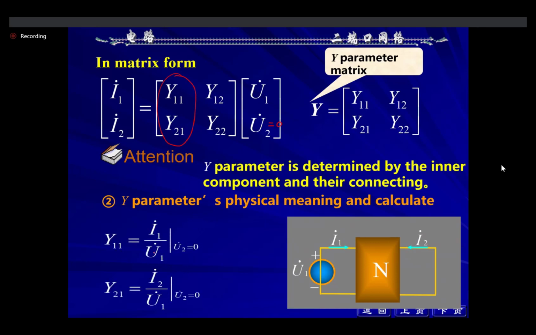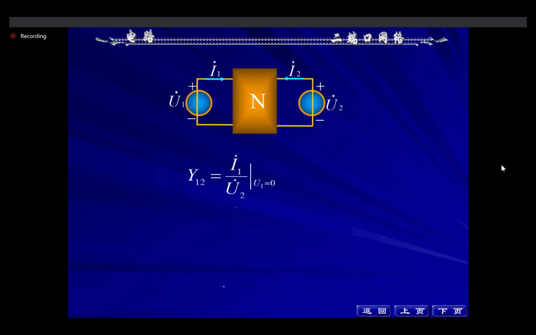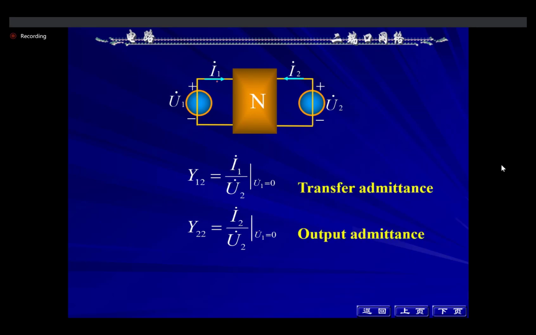Y11 is I1 over U1. We assume U2 is 0, and then calculate Y21 as I2 over U1. So Y11 is the input admittance. Y21 is the transfer admittance. And then we assume the left side is short connected.